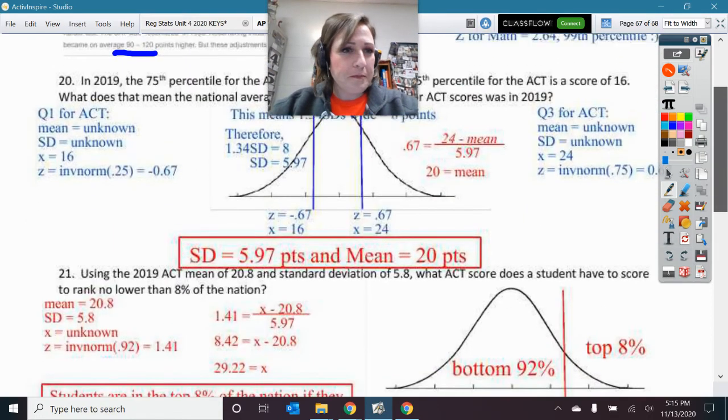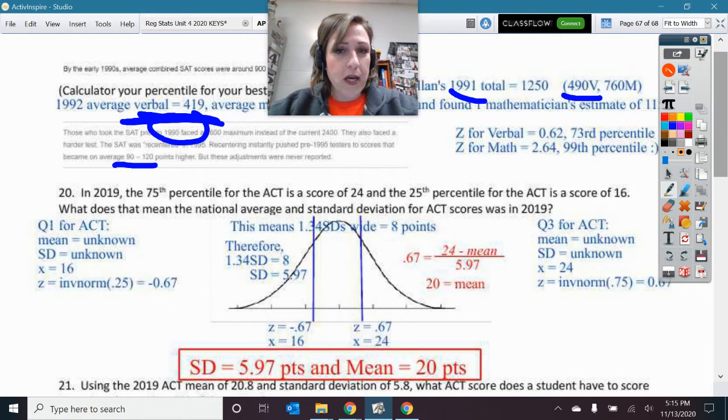So here we go. Next, this one. We had the 75th. This one is an interesting problem. You have a mean missing and the standard deviation missing. Two things missing, but I give you two pieces of information.